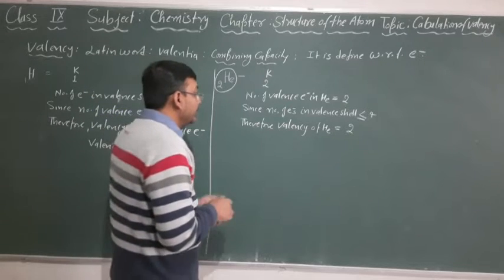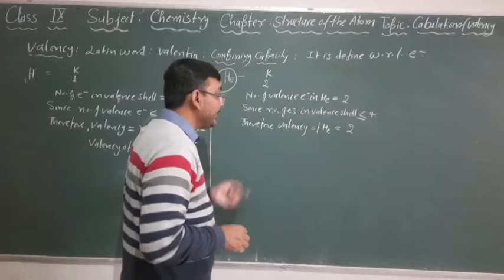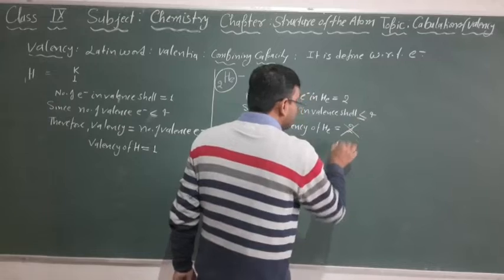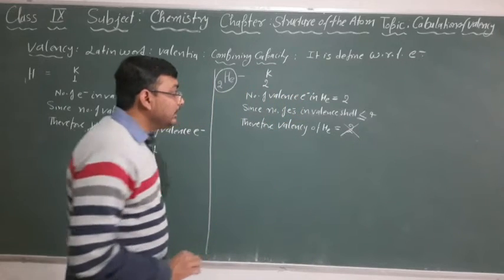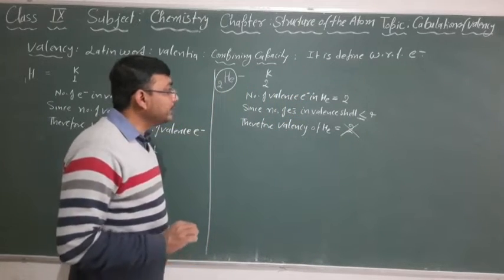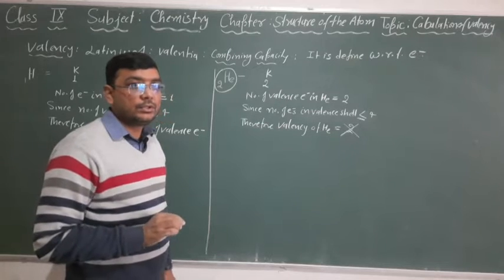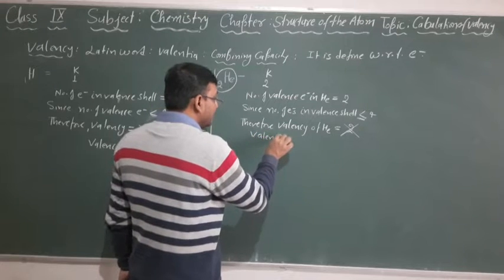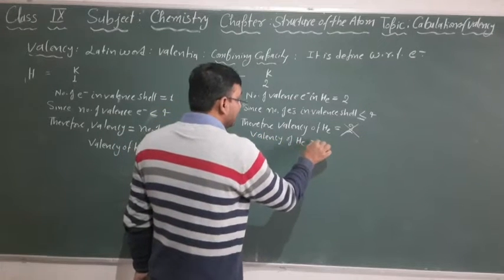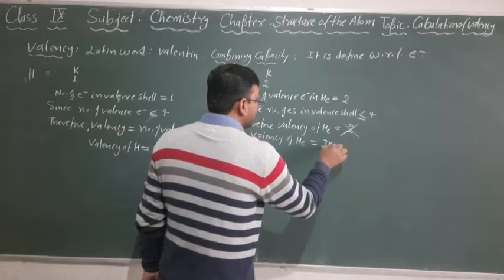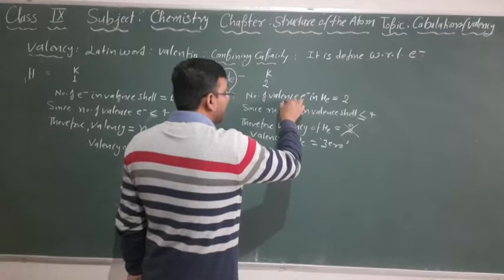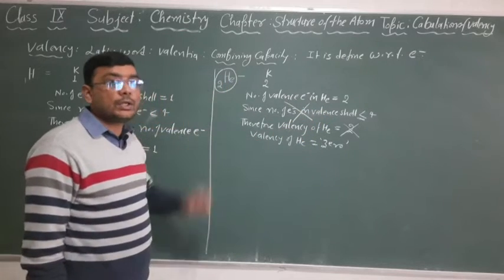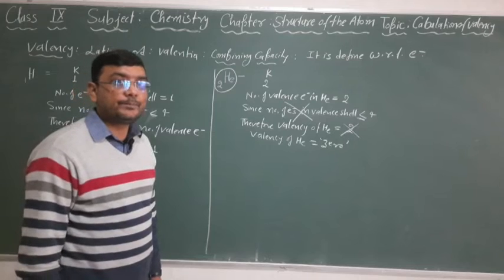So in the case of helium, we cannot say the valency of helium is 2, it is wrong. So the valency of helium is understood to be 0. Whenever asked, you write 0. We cannot apply this mathematical calculation in order to calculate the valency of helium.